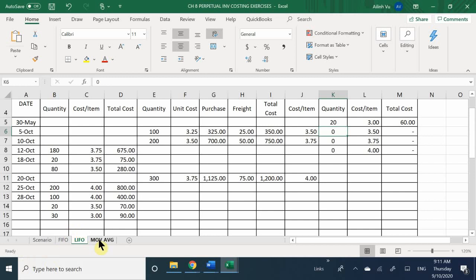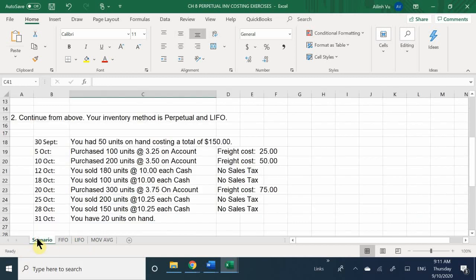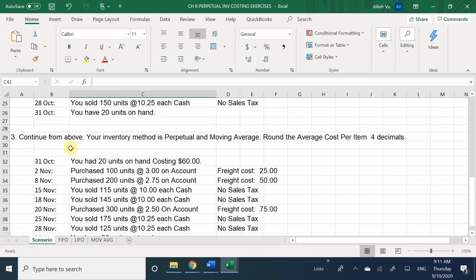All right. So what happened next? Here we need to make sure that we round to the nearest penny because we are dealing with moving average. Your inventory method is perpetual moving average. Round to the nearest penny.